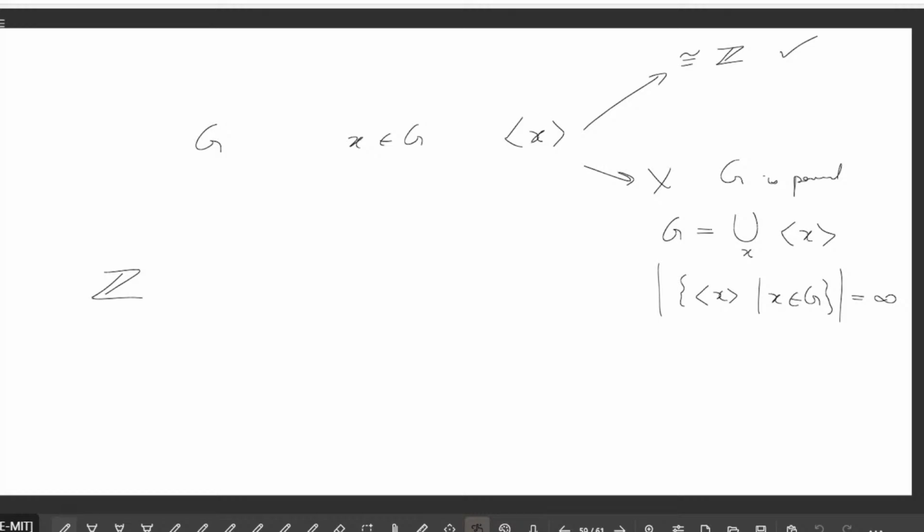There are so many subgroups, but finite subgroups only. Like, who will generate a subgroup? That is also a subgroup, but it's not finite. It's an infinite cyclic group. So all the other elements, other than 1 and minus 1, will generate infinite cyclic subgroups. But a cyclic subgroup is always countable.